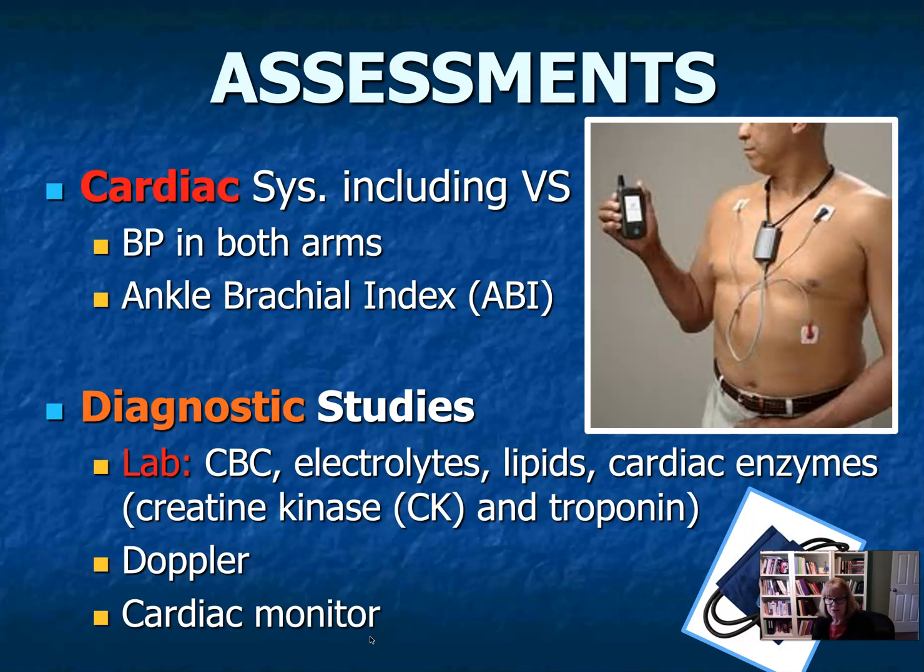What I think is interesting about the CK measure is that it can be elevated from an IM injection, because some cells get damaged from the trauma of a needle. And so that may cause a false reading. That's why people have tended to go with the troponin level as the measure for heart injury.